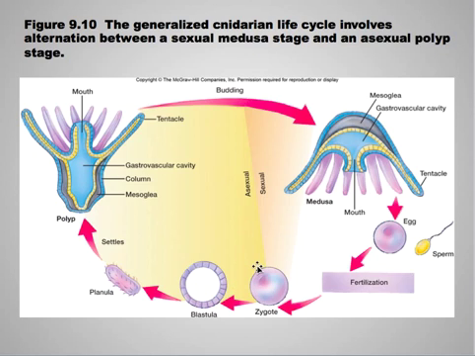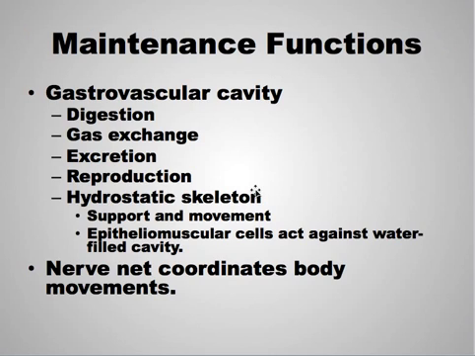That zygote develops into what we call a blastula, which then develops into a planula and then forms a polyp. As I said, not all individuals of cnidarians go through all of these stages, but that's the generalized life cycle.